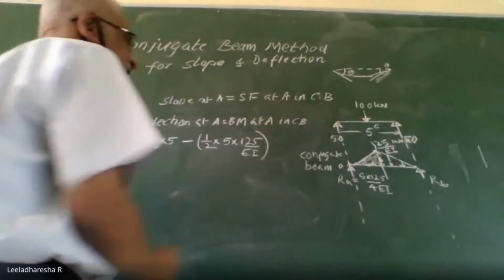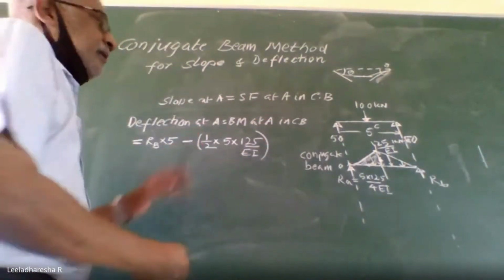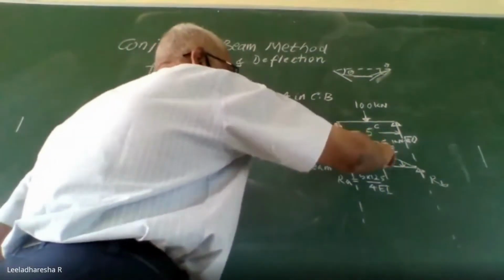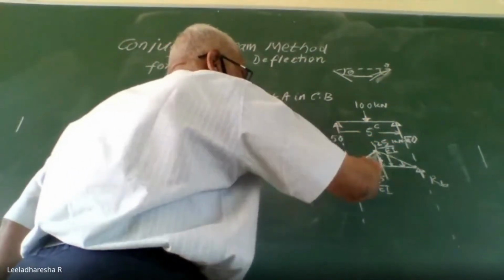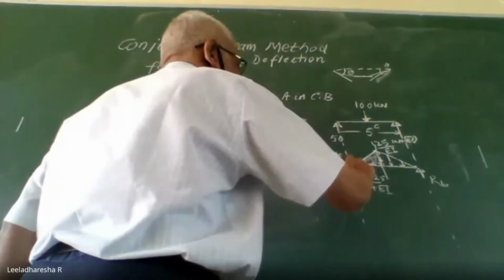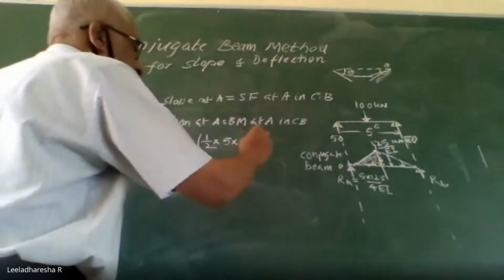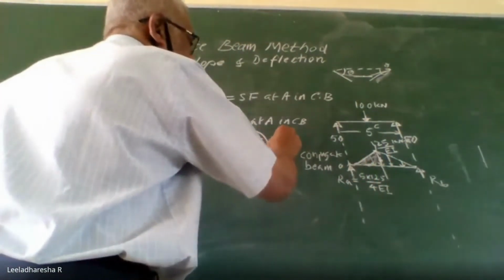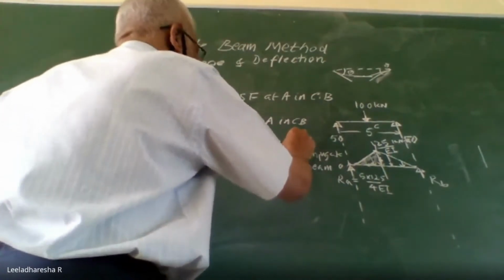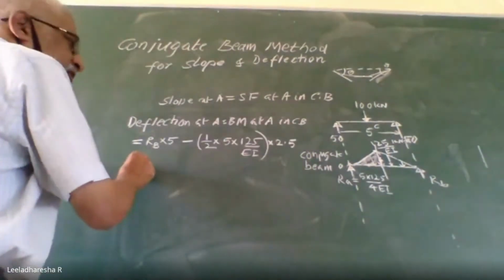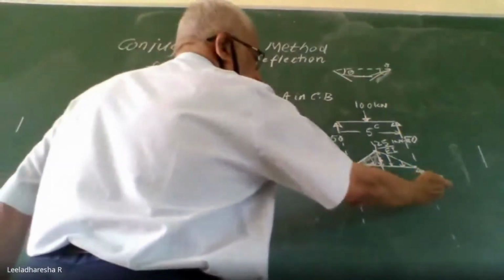This is the area of the triangle, that is the load, multiplied by the center of gravity of the load from point A, because we are taking moments about A, into 2.5. Now substitute the value of RB in this case.